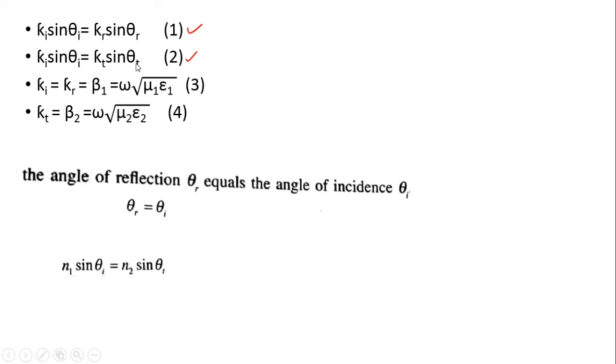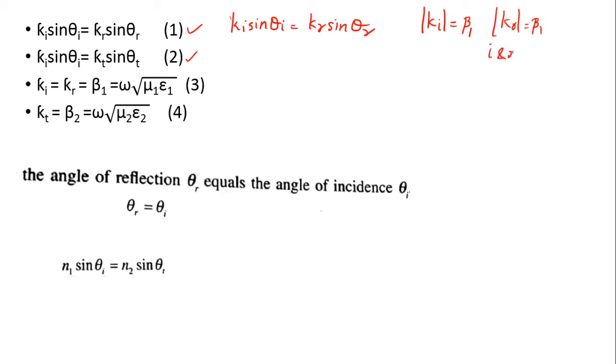So from the first equation, Ki sin theta I is equal to Kr sin theta r. I told you earlier how K is related to beta. The modulus of Ki will be equal to beta, and since it is in medium 1, it will be beta 1. Similarly, the modulus of Kr will also be equal to beta 1, because both I and r are in the same medium, medium 1.